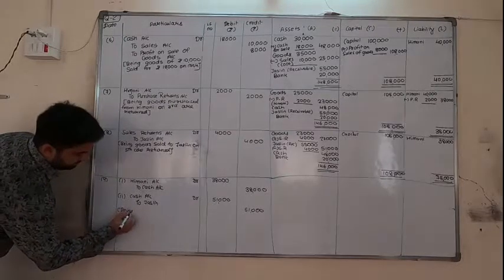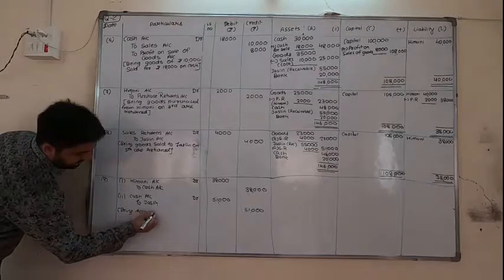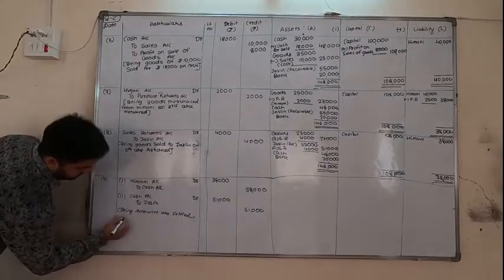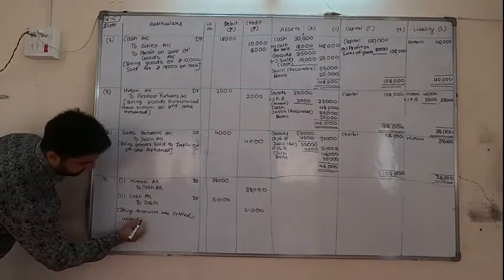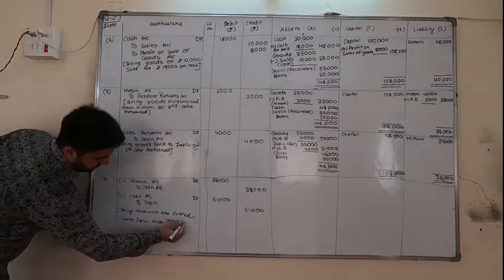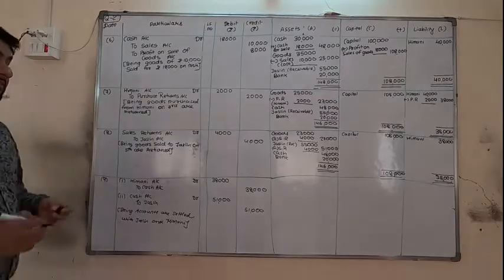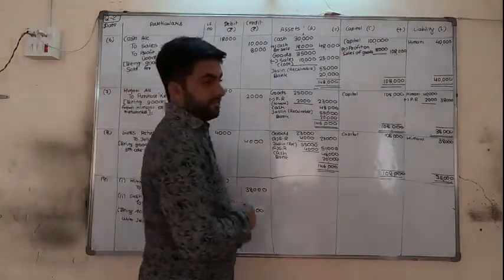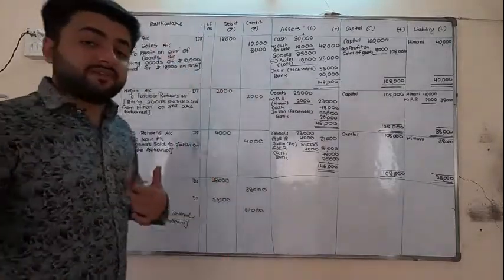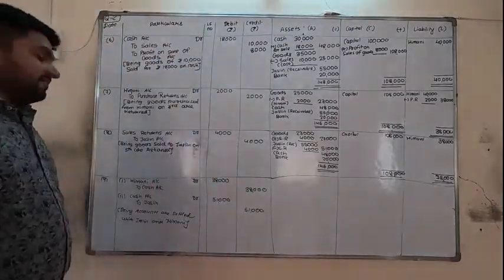Being accounts are settled with Jocelyn and Himani. But friends, you have to remember that liability means we have to pay and receivable means we have to receive. Okay? For that only you can understand.